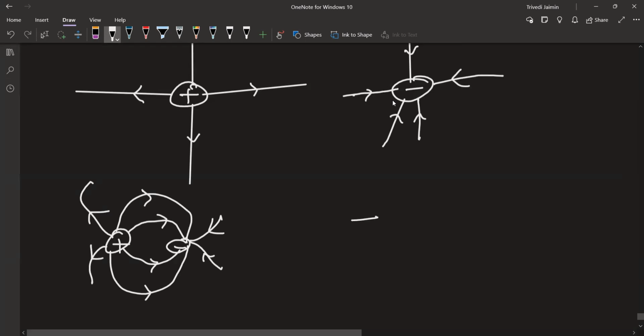There will be an infinite number of lines because these are imaginary lines only. Now, if I bring here two positive charges, now tell me, Johan, will you be able to draw this one? Johan?